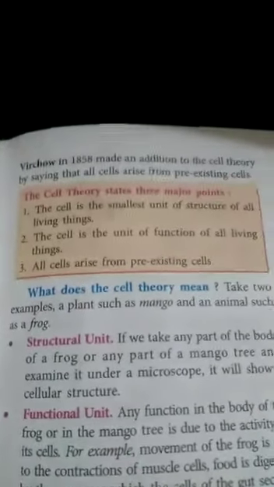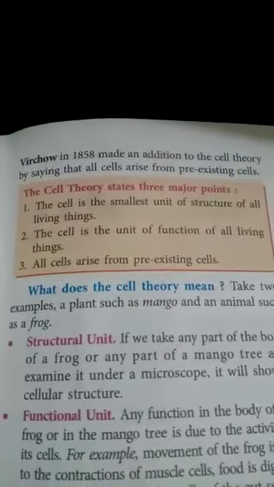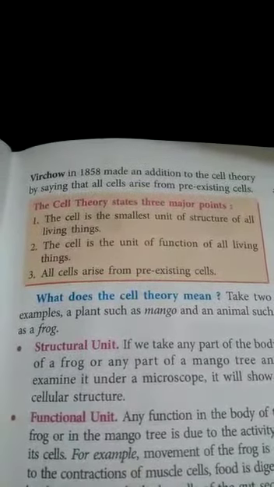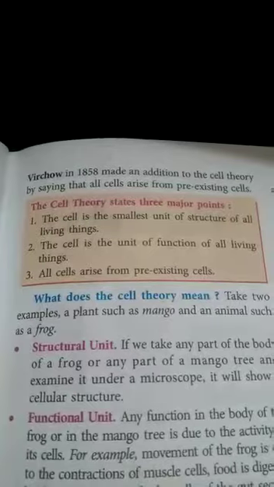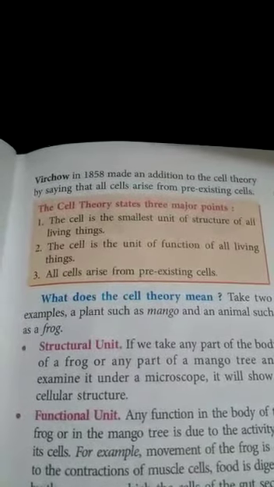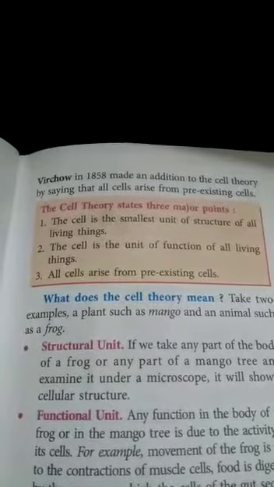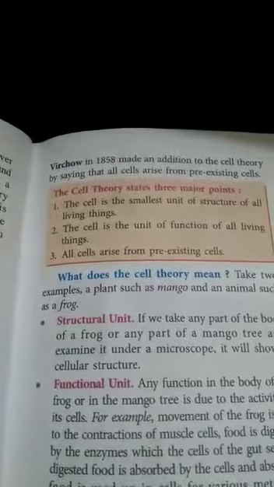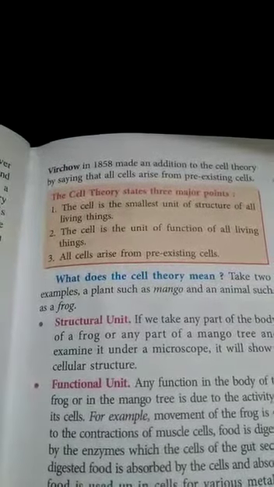The major points of cell theory are: number one, the cell is the smallest unit of structure of all living things. Second, the cell is the unit of function of all living things. The third point was added by Virchow in 1858.